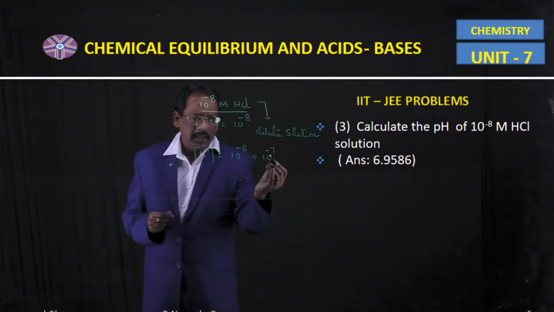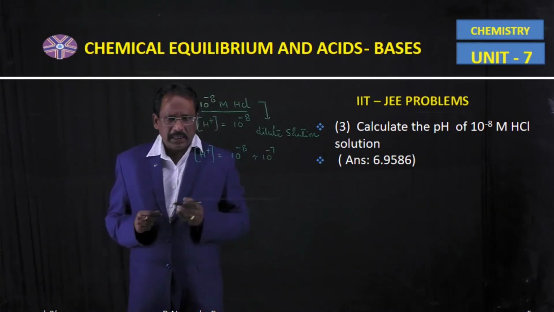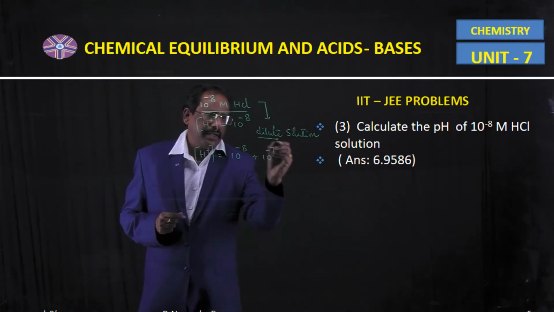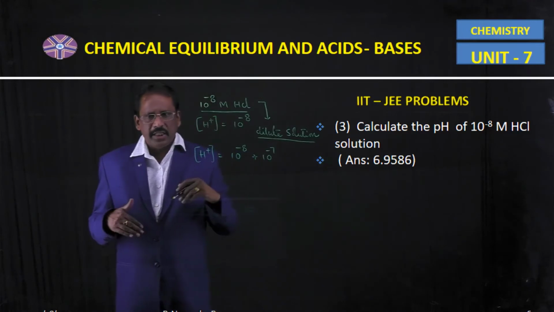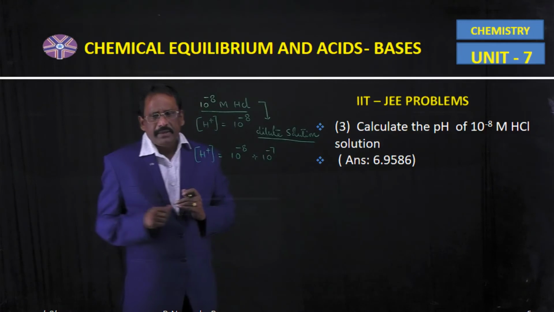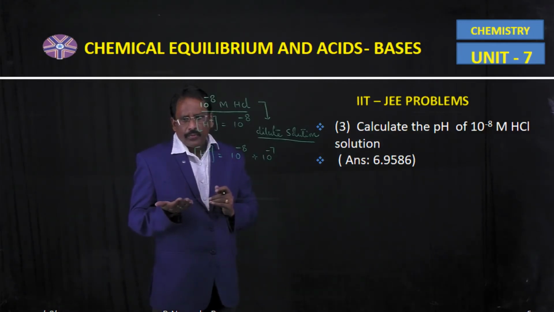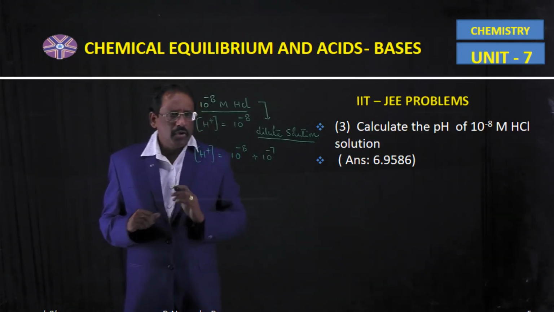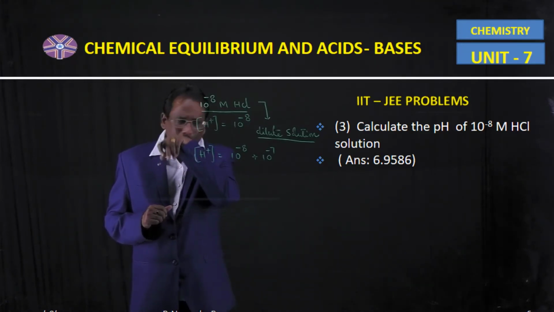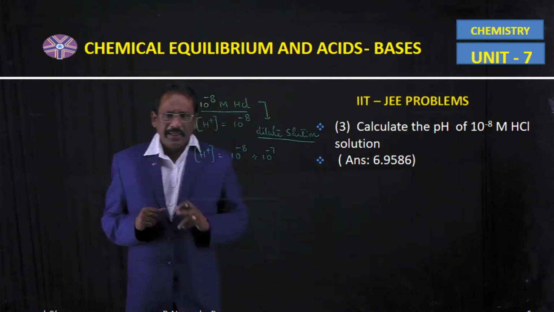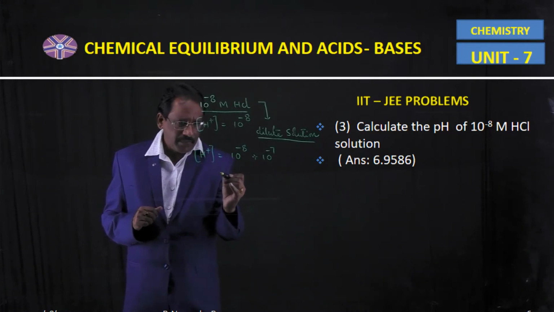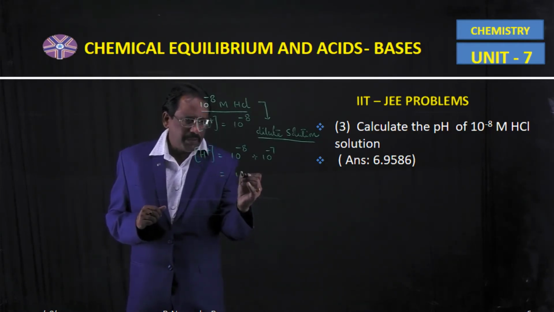This is the active mass of H plus in water, because this is a very dilute solution. Whether it is base or acid, add 10 power minus 7 for very diluted solutions. So H plus ion active mass is not equal to 10 power minus 8. It is equal to 10 power minus 8 plus 10 power minus 7.